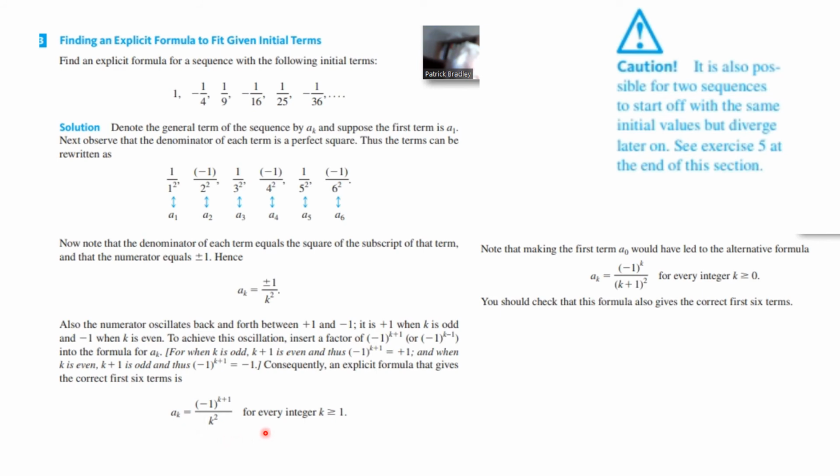But what we can see is that in order to get the sign right, we have to take minus 1 raised to the k plus 1 over k squared. And that is going to fit this formula. By the way, you should realize there are multiple correct formulas. This one would also be correct, because all we've done is shift the index. So again, it is possible for 2 sequences to start out with the same initial values but diverge later on.